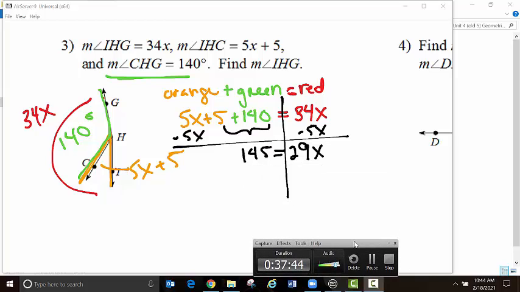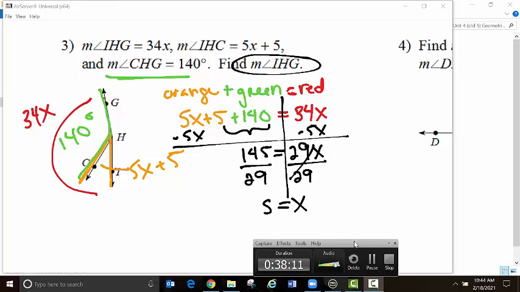Uh-oh, I hope I just hit pause, but I didn't actually hit pause. Now we want to divide both sides by 29 using the division property. 145 divided by 29 is 5. So we know x is 5. Did I actually answer the question? No. I want to know how big the angle is.